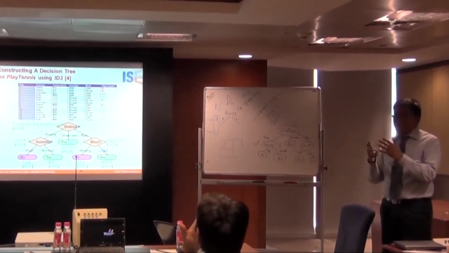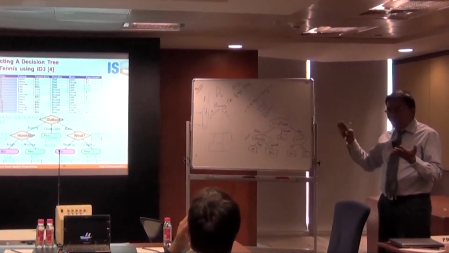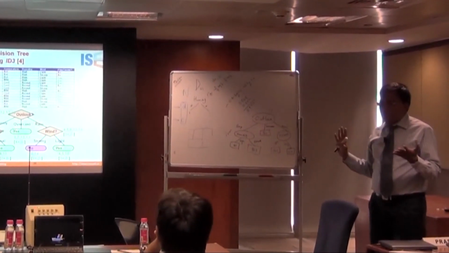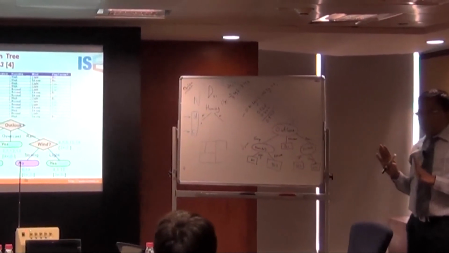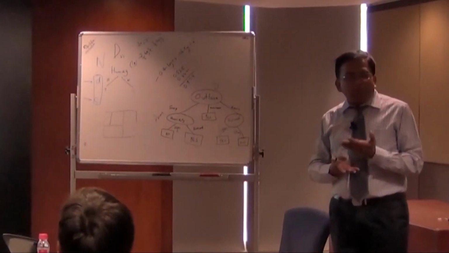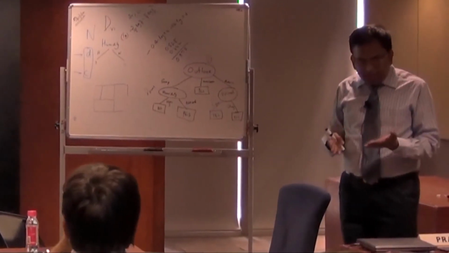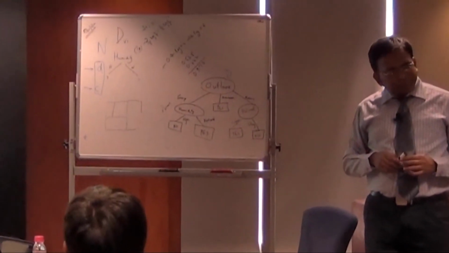Wherever outlook is 3 types of values, humidity is 2 types of values, wind is 2 types of values, and temperature can be any type of value, we can use the same decision tree to classify them. So it is not restricted to the 14 points we saw. By generalization, what we mean is that we are able to use the tree for more than what we have seen. All these variables could work.